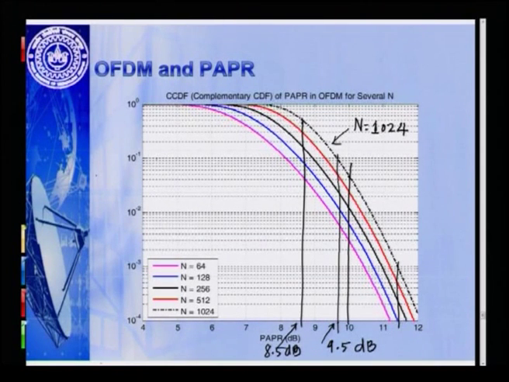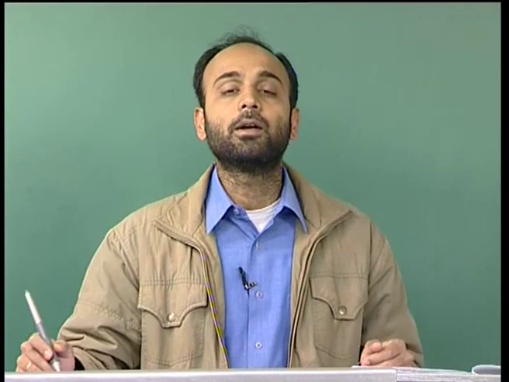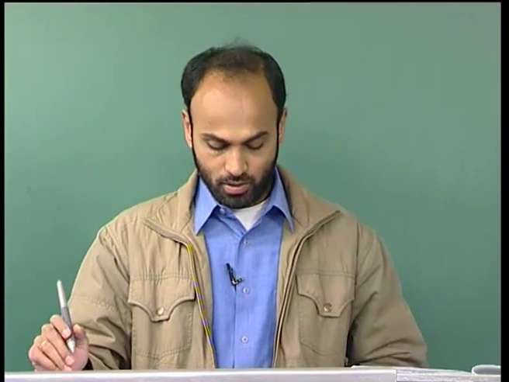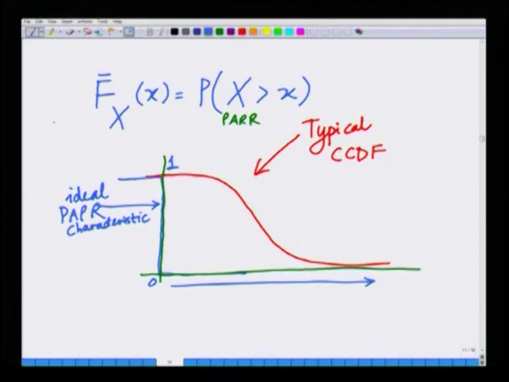It says that with 50% probability the PAPR is actually greater than 8.5 dB, alright. So, that is the median point for this PAPR distribution, which can be obtained from the PAPR CCDF function. Okay. So, that is the importance of the CCDF of this PAPR function.